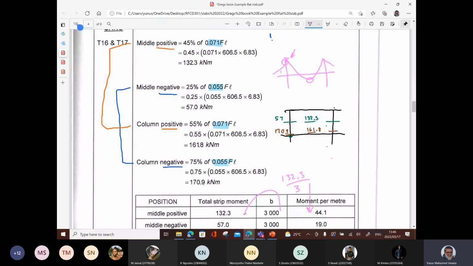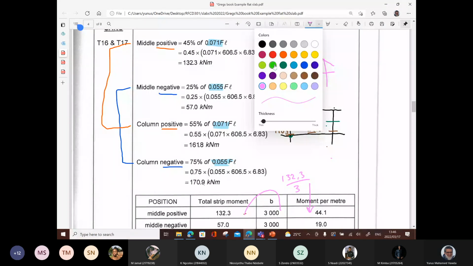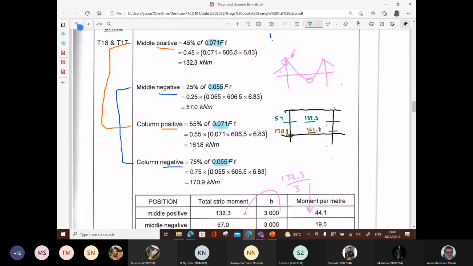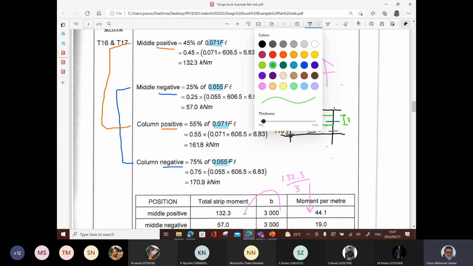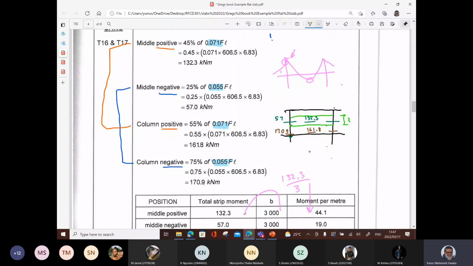So basically what we're saying is, if I could just use this to illustrate that that's the middle strip. That 3 meters there. And then the column strip, it's not to any scale, so if it looks a bit funny, don't worry about it.